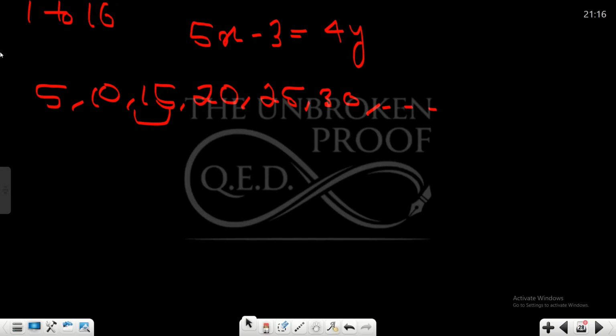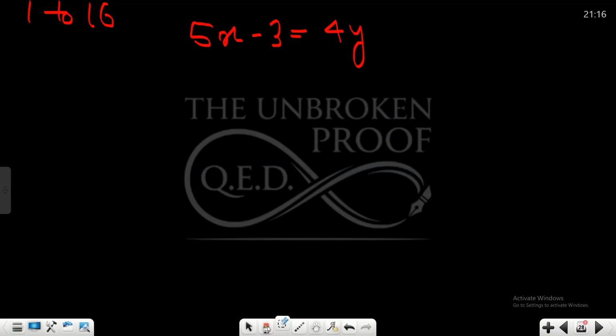So here if you take x as 3, then your y will also be 3, and similarly if you take x as 7, then 35 minus 3 will be 32, and this will be in the form of 8.